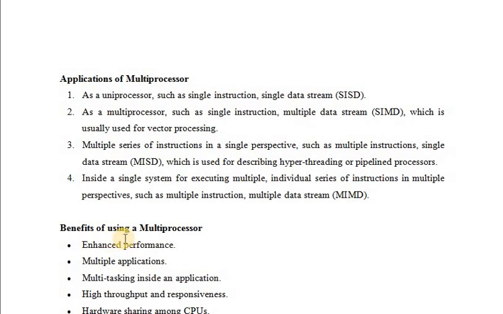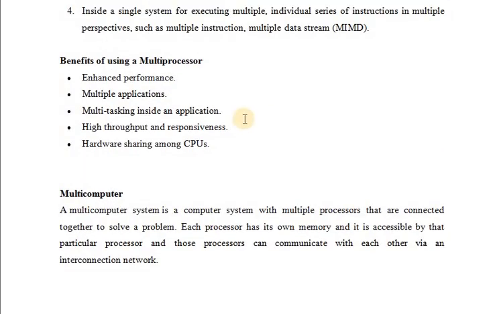Now we will see the benefits of using the multiprocessor. Enhanced performance, that is, it is used to improve the performance. Multiple applications, so more than one application you can use in the multiprocessor. Multitasking inside an application, for example, if you are typing in MS Word and at the same time using a spell checker, that is multitasking inside an application.